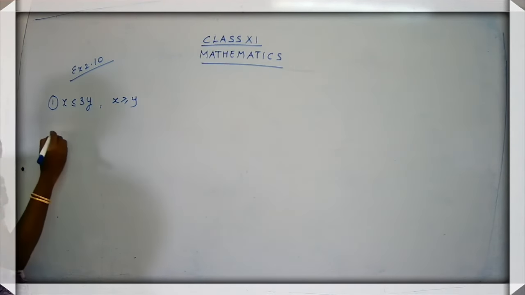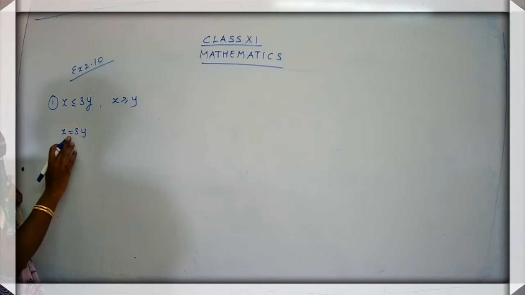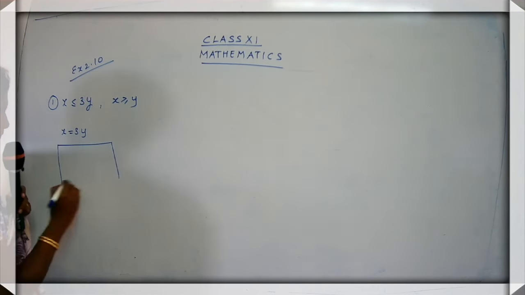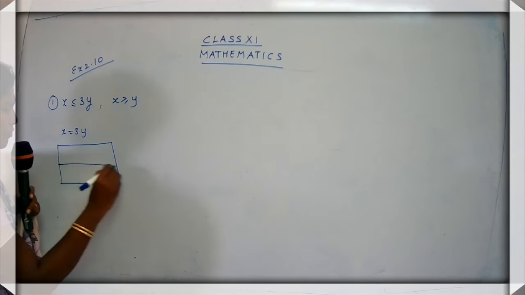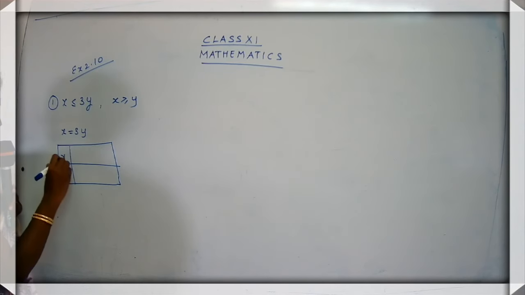First of all you are going to draw a table for x equals 3y. I'm not using the inequality now, I'm just writing it as an equal sign. No need to go for more values; 2 or 3 values are sufficient. So x, y.